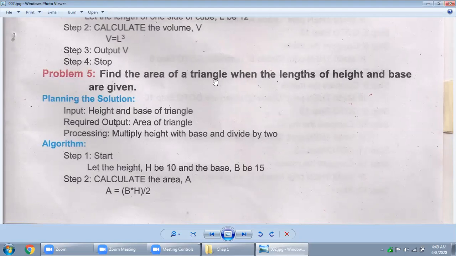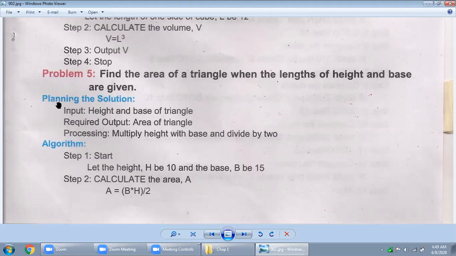But one thing must be known: you must know the formula. The area of a triangle is equal to base into height, whole divided by 2. We will discuss the formula also.